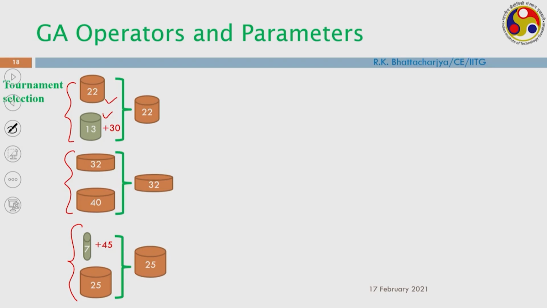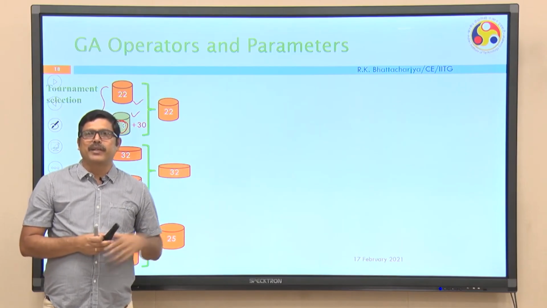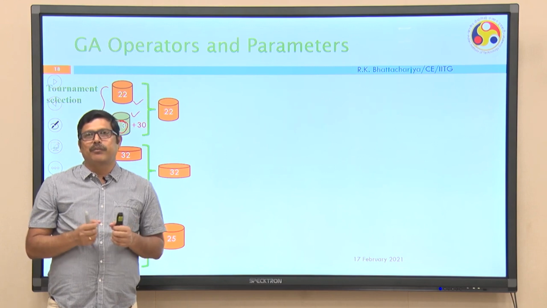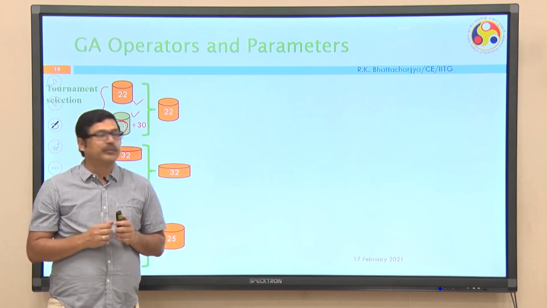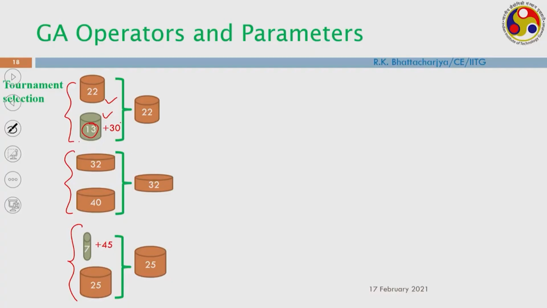Now, in this case, this is 22 and this is 13, but though it is 13, this is actually violating the constraint. If you recall the problem we discussed, it is minimization of cost, but at the same time the volume of the can should be 300. Now, it is not 300, it is somewhat 270, and therefore there is a violation of 30. So, this is an infeasible solution, and I do not want to select it, so I am putting this violation here.